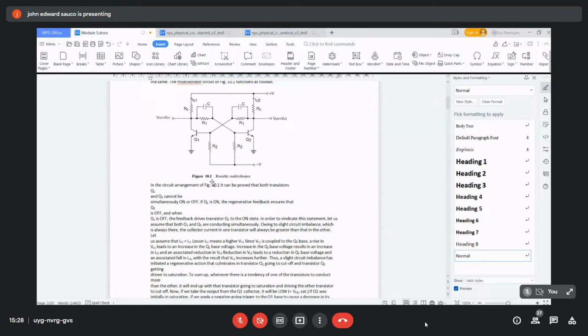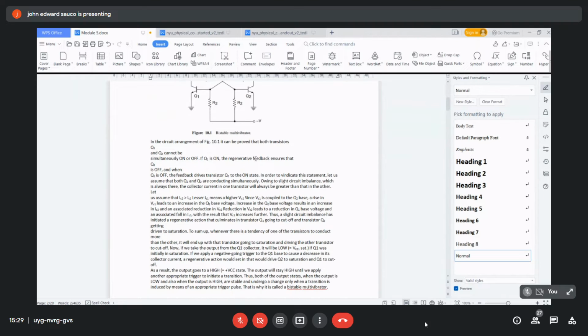So ngayon, try ko explain kung ano ang ibig sabihin niyang circuit na yan, kaya siya naging bistable, okay? So ayan yung pangyayari diyan. So sa figure na 'to, both transistor Q1 and Q2 cannot be simultaneously on or off. So alternate yan. Q1 is on, so yung Q2 is off.